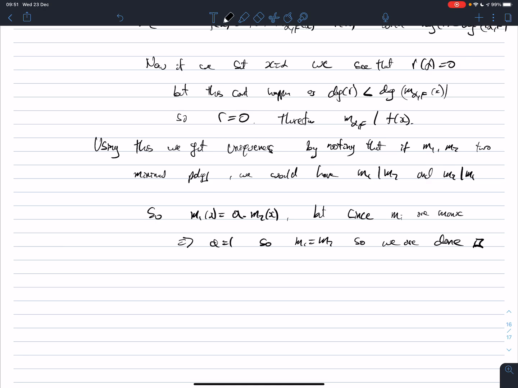So if we combine some of our previous results, we end up with the following corollary. Corollary 1.3.12.